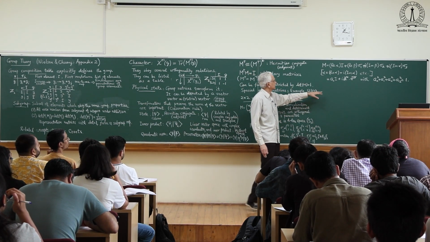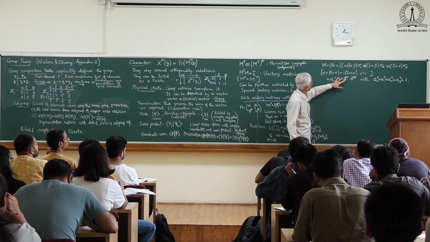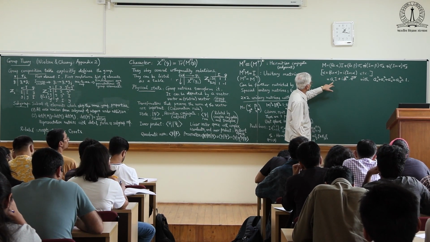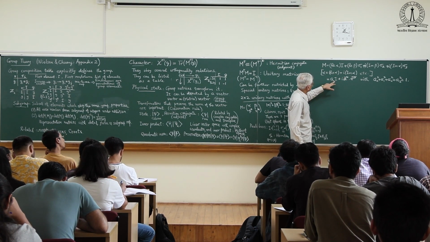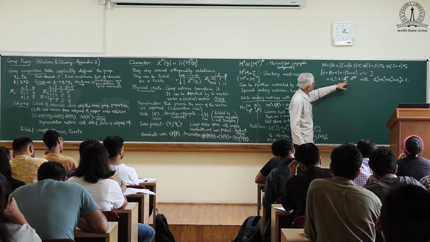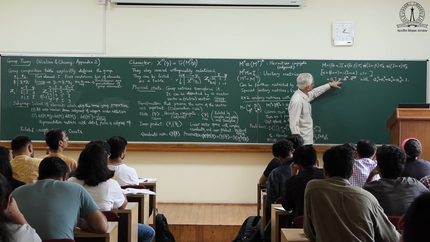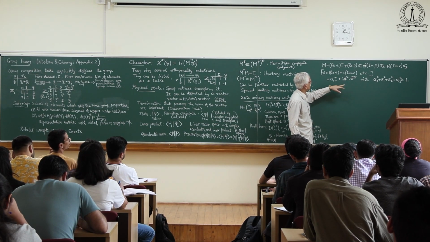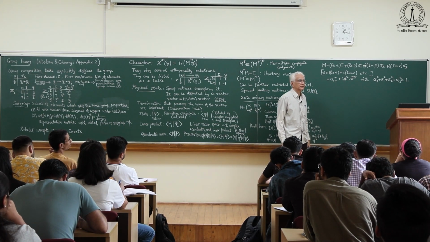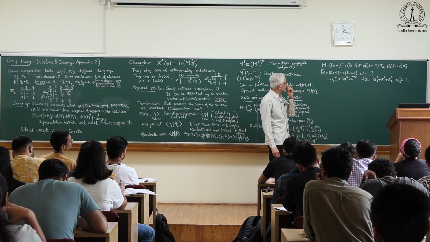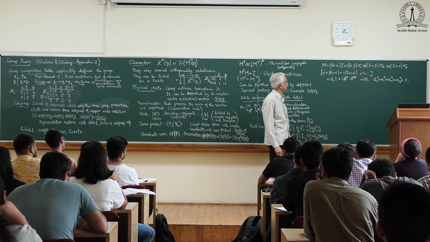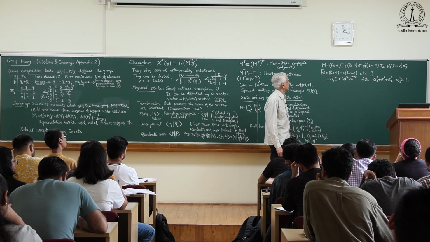And in that basis, you will generically write this 2 by 2 unitary matrix as identity plus some coefficients times the Pauli matrices. The coefficients of the Pauli matrices here are all going to be imaginary. Well, basically that's the convention.